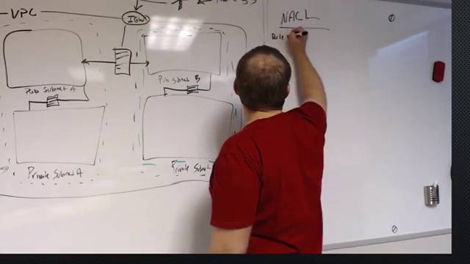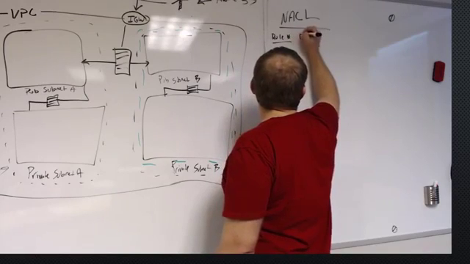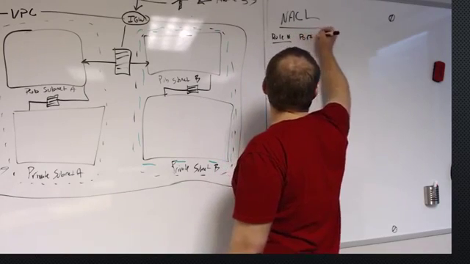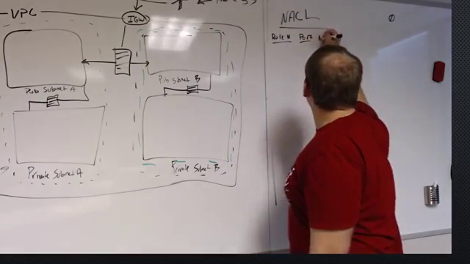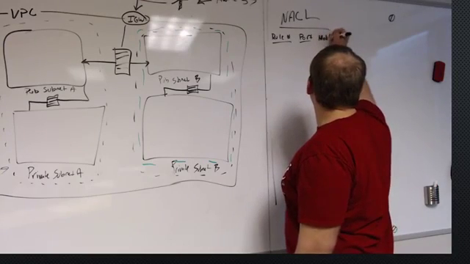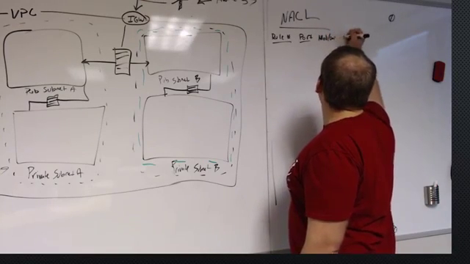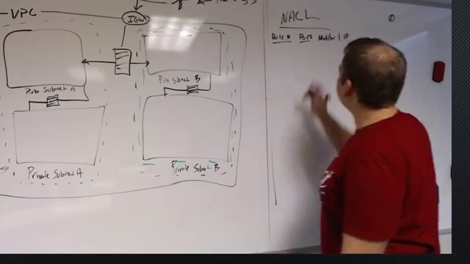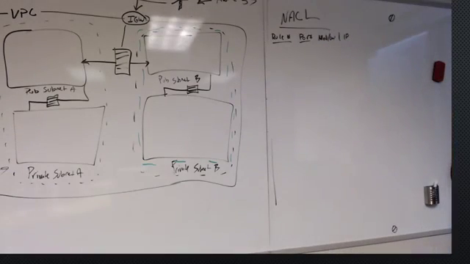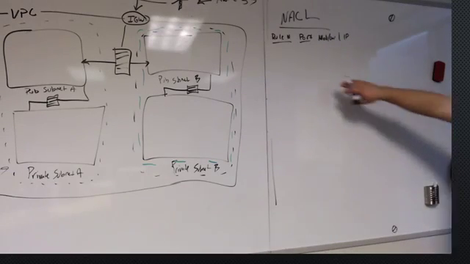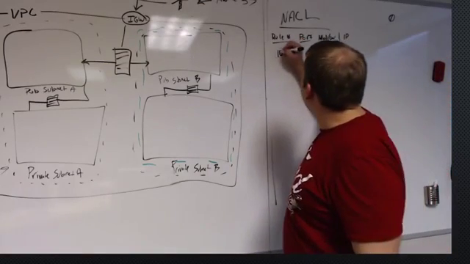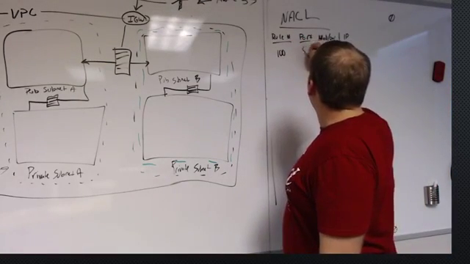So: rule number, port, allow, deny, and IP. So our network ACL, we'll say let's have a rule 100, and that is going to be on port 80.